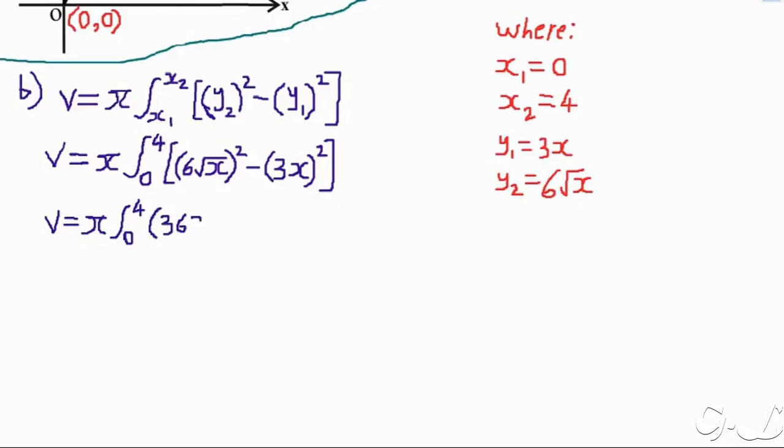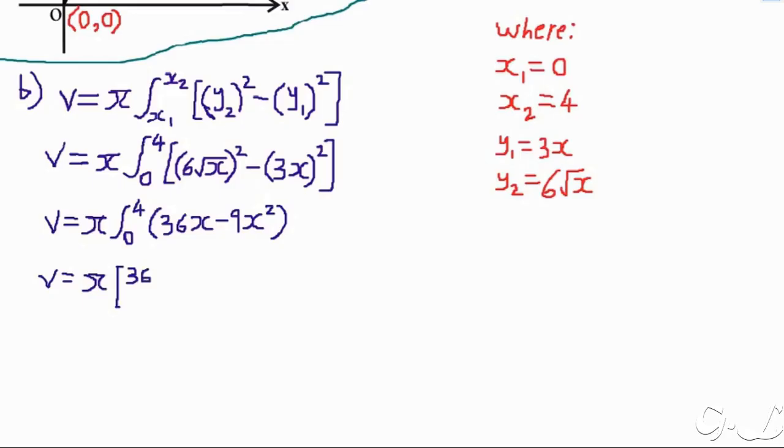When you evaluate the first part, it will be 36x, and the second part will be negative 9x squared. So this is how it should be.